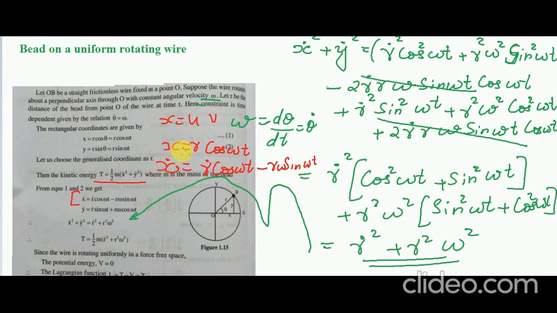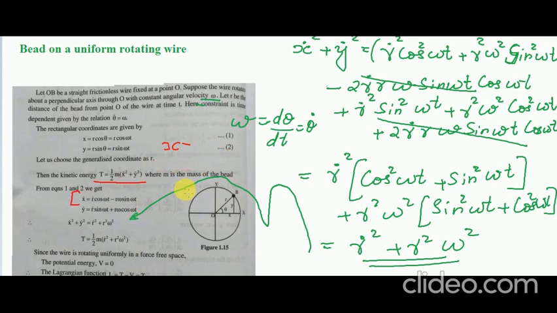We are differentiating x with respect to t. So first we differentiate r, that is why it is r dot. Then we differentiate cos omega t, that is minus sin omega t times omega. So you can see that expression here. In the same way you differentiate y. What is y? Y is equal to r sin omega t.